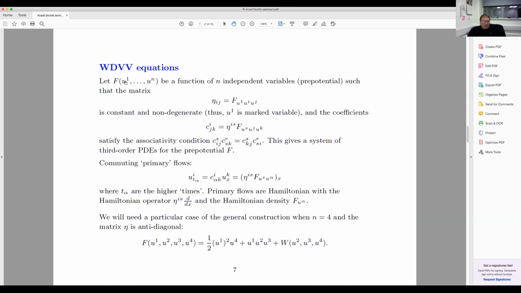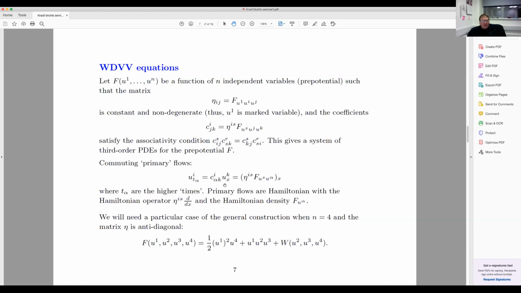The u^i are now functions of the variables t^alpha, times, and x. The equations are like this: u^i differentiated by time t^alpha is eta^is F_{u^s u^alpha}, where F is this prepotential, all differentiated by x.